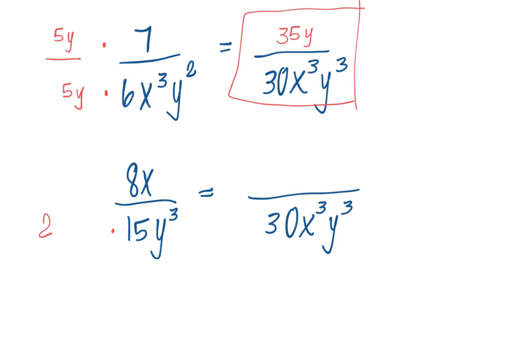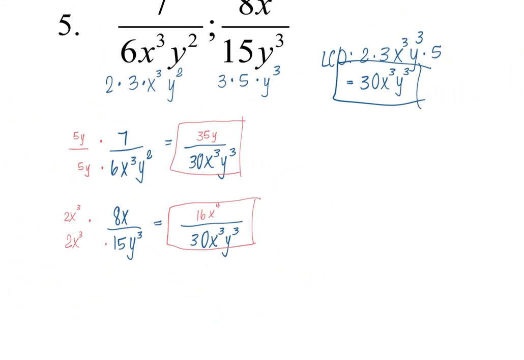So you also need to multiply it by an x cubed. So let's try it out. 2 times 15 is 30. X cubed times y cubed is x cubed y cubed. So now I'm just going to do that to the top, and I get 16x to the 4th.